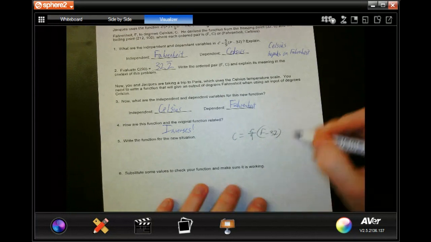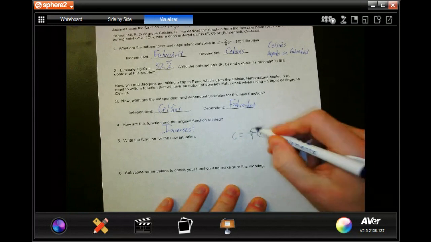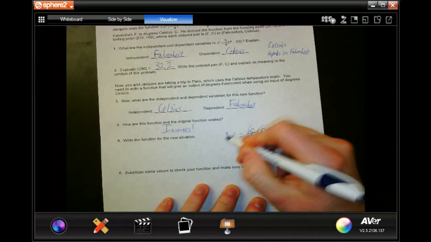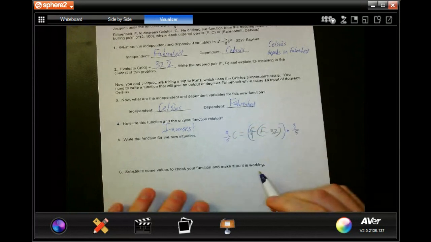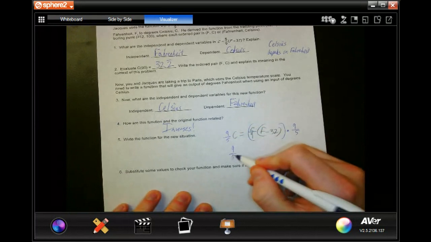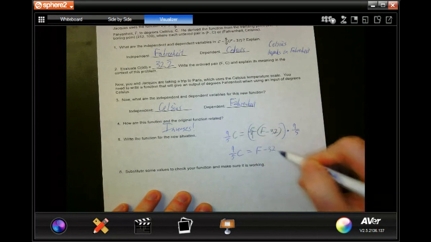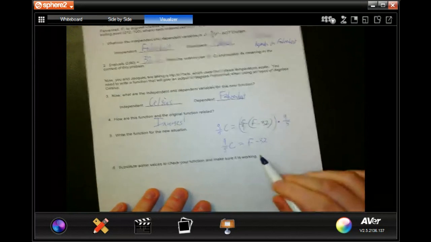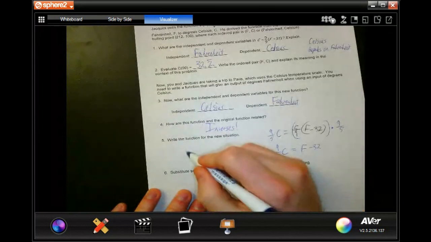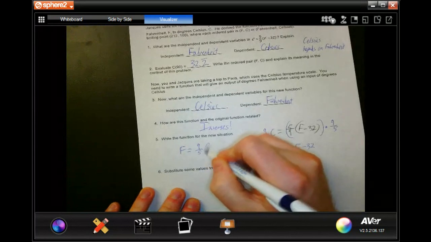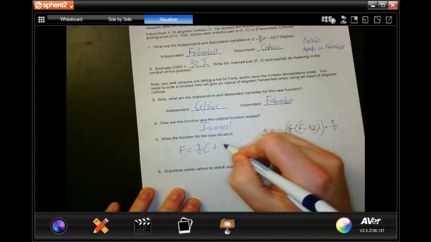So we multiply both sides of the equation by 9/5, and that should yield 9/5 C equals F minus 32. Add 32 to both sides, and your function for the new situation should be F equals 9/5 C plus 32.